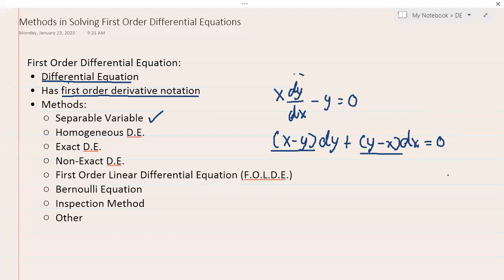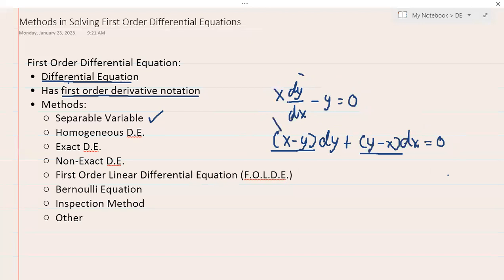Dito kasi, kapag magka-partner 'tong si dy over dx na naka-fraction, it's easy for you to determine whether it's homogeneous or not. However, how about this one? Yung magkahiwalay si dy tsaka si dx, how would you know if it's homogeneous or not? Dito, it's easy. Tingnan nyo lang yung degree ng isa't isang mga term.